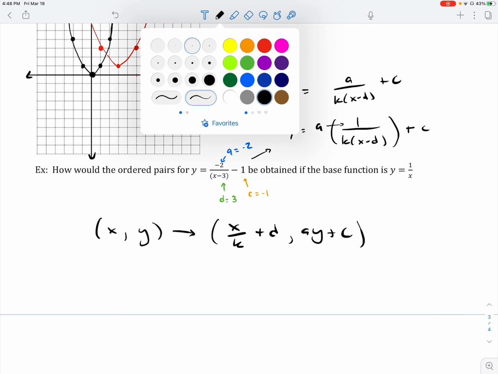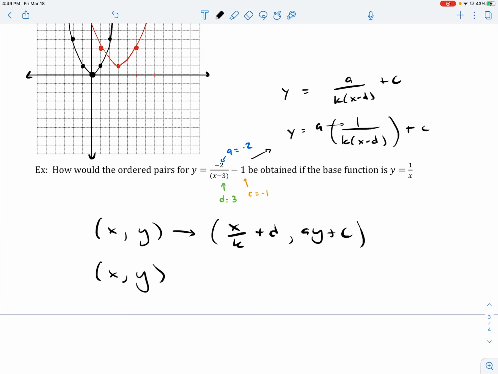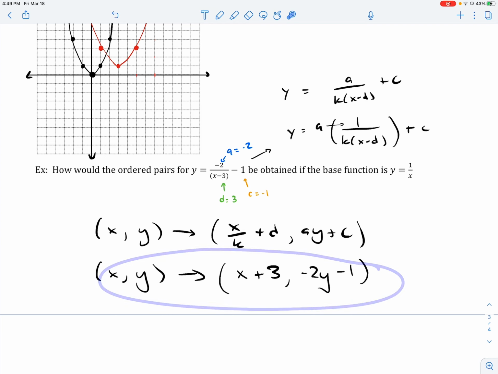So I know that x, y is going to map over to x plus 3, comma, a is negative 2, so I'll have negative 2y, and c is negative 1, so minus 1. This shows my horizontal shift right 3, vertical stretch of negative 2, shift down 1 unit. Using this formula, I could then get all my new points.